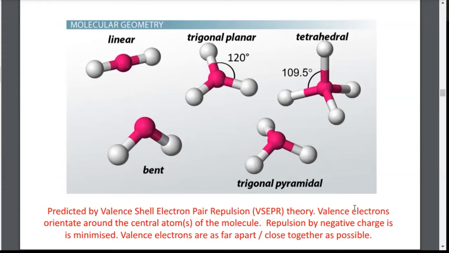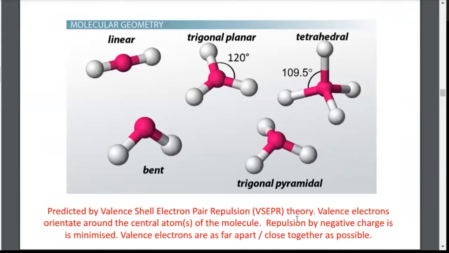What it means is that the valence electrons, the ones that are responsible for bonding, so the ones in the outer part of the molecule, orientate around the central atom, whether it's carbon, nitrogen, oxygen, fluorine, whatever it is. And what you also get is that the repulsive effect of the negative charge on the electrons is minimized because the atoms are as far apart from each other as they can be.